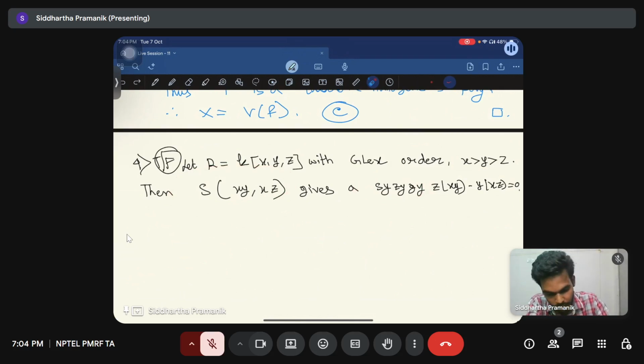So let's do this. Recall the definition of S polynomial.